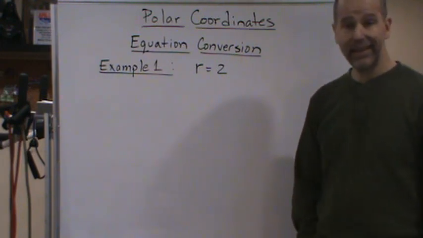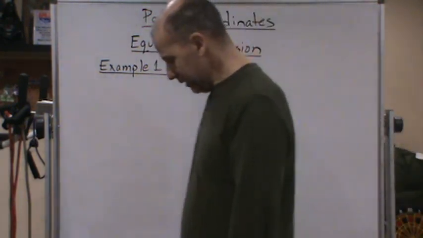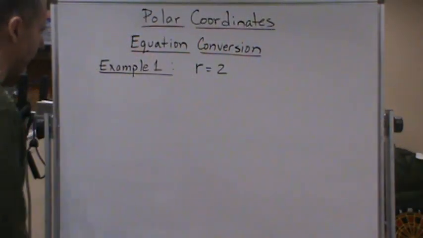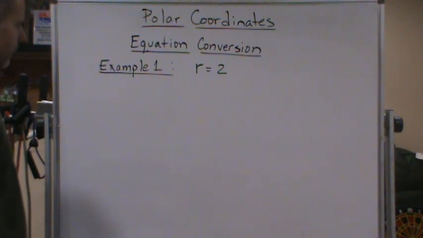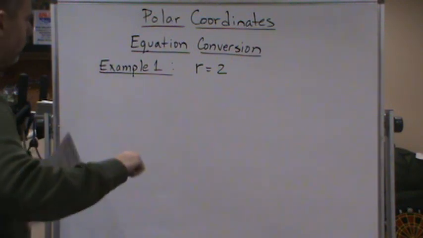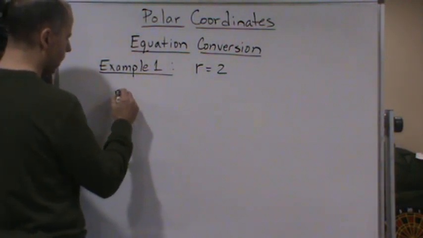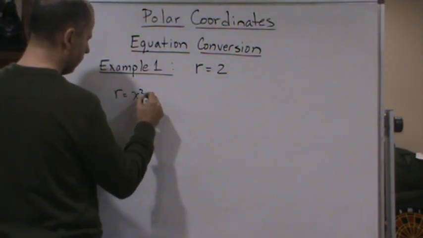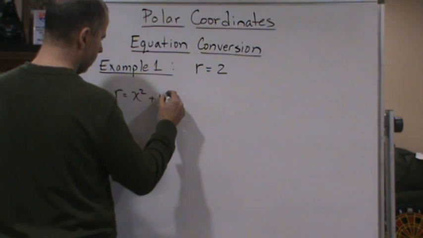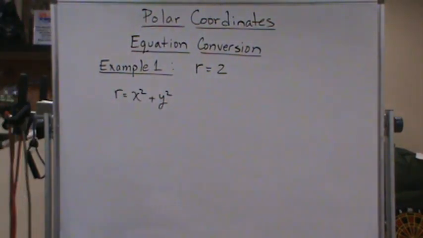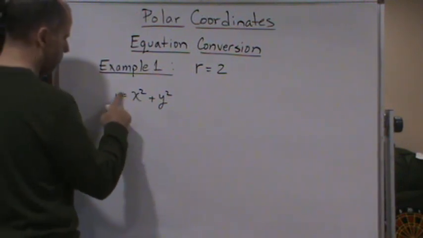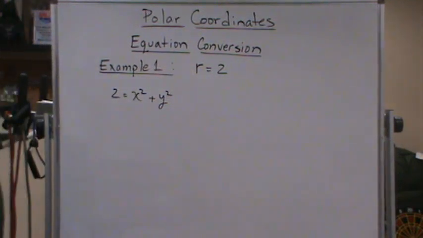Well, you might think immediately jumping in and say, well, we know the conversion, we could use r squared equals x squared plus y squared, right? And so we know r is 2, so there we go.